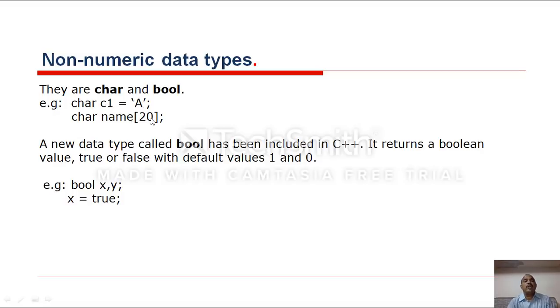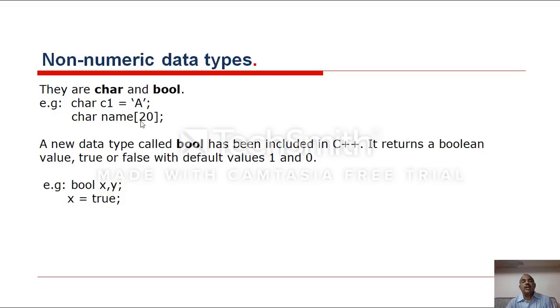Now char name[20]. Here name is a character array. How many characters can we store? A total of 20 characters. For example, Tarakesh Rao has 11 characters. Is it possible to store in name? Yes.